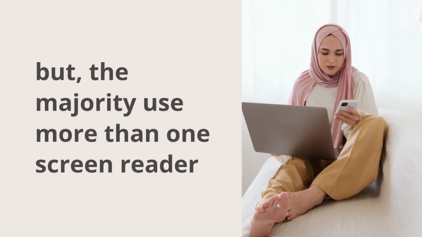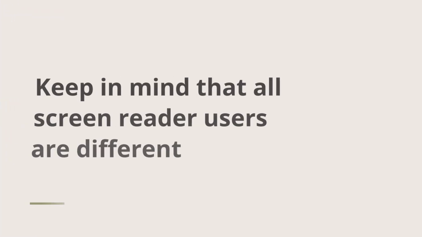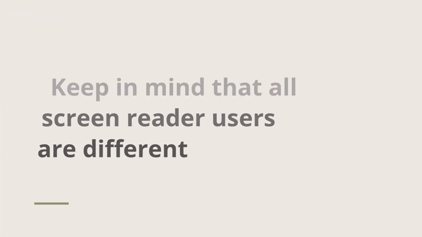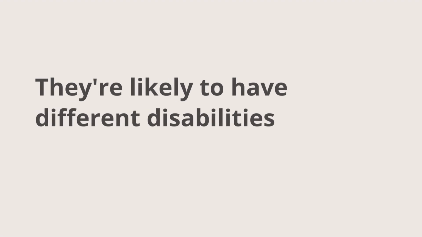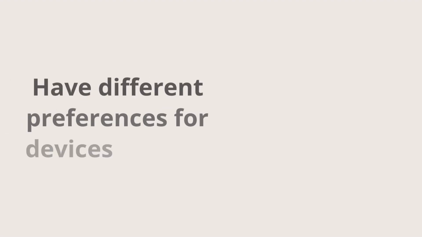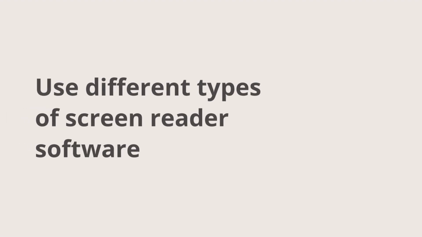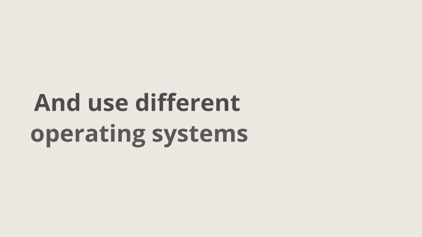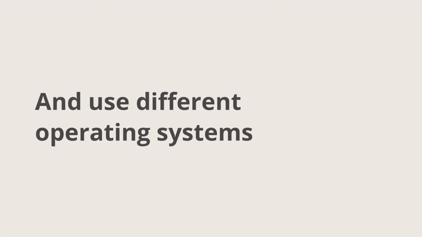But it also found the majority use more than one type of screen reader. Keep in mind that all screen reader users are different. They're likely to have different disabilities, different preferences for devices, use different types of screen reader software, and use different operating systems. Just like everyone else.